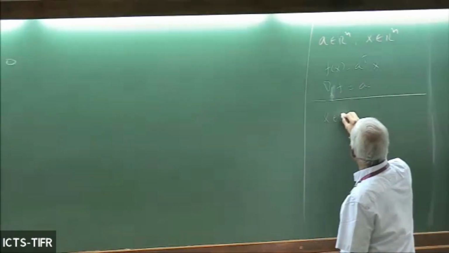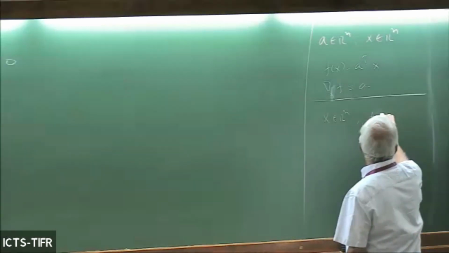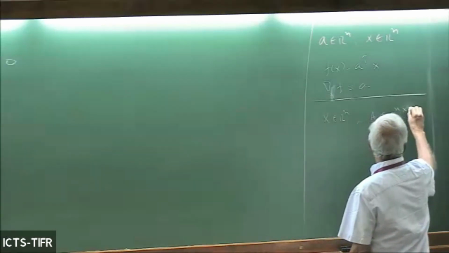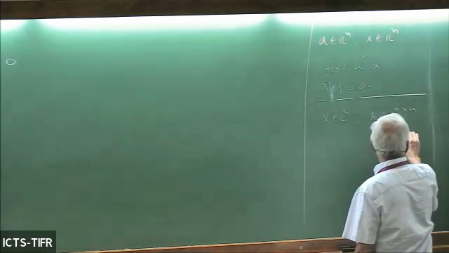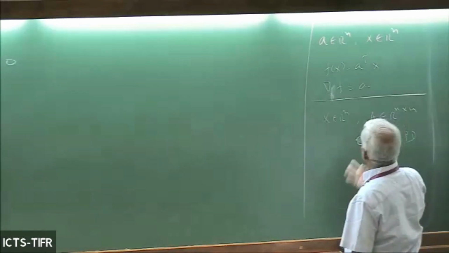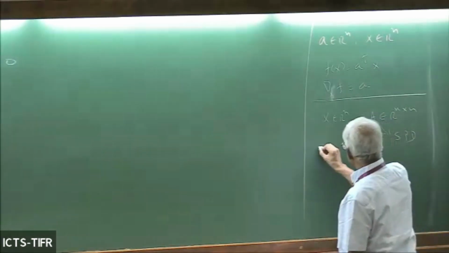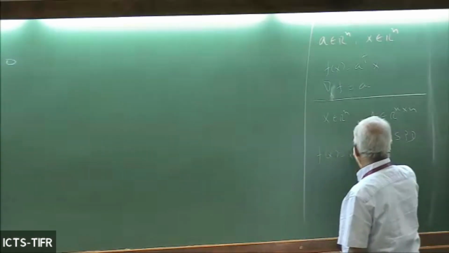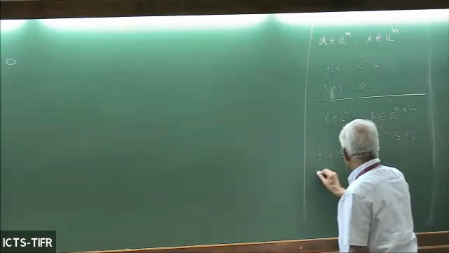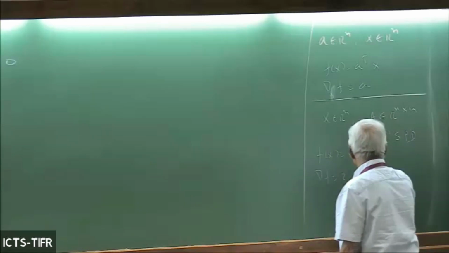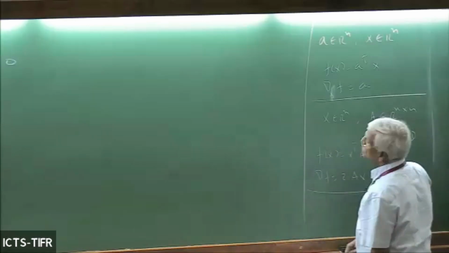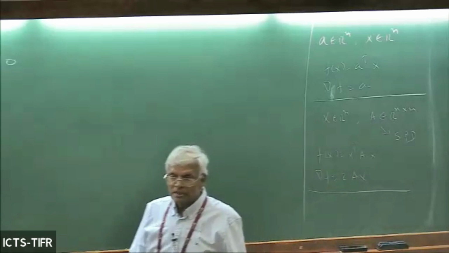If X belongs to R^n, if A belongs to R^(n by n), and A is symmetric, and assuming SPD, for the sake of our problem, if you consider f of x is equal to X transpose AX, the gradient of f is equal to 2AX. These are the two rules from multivariate calculus we have used repeatedly. How many times? About at least 3 times by now.